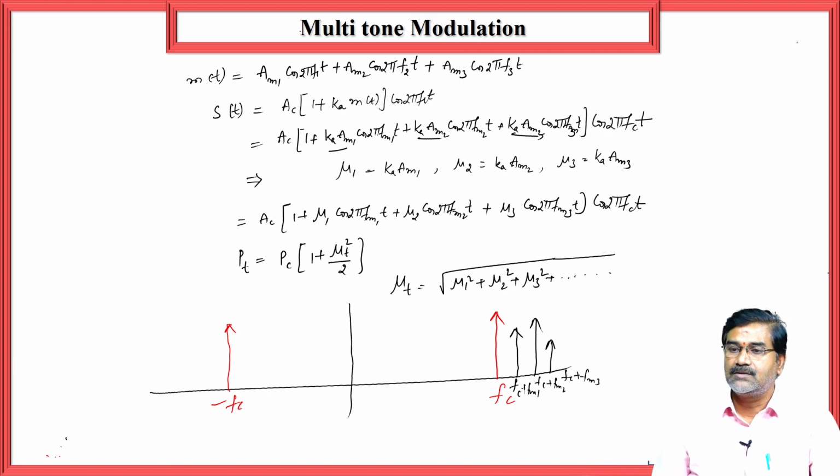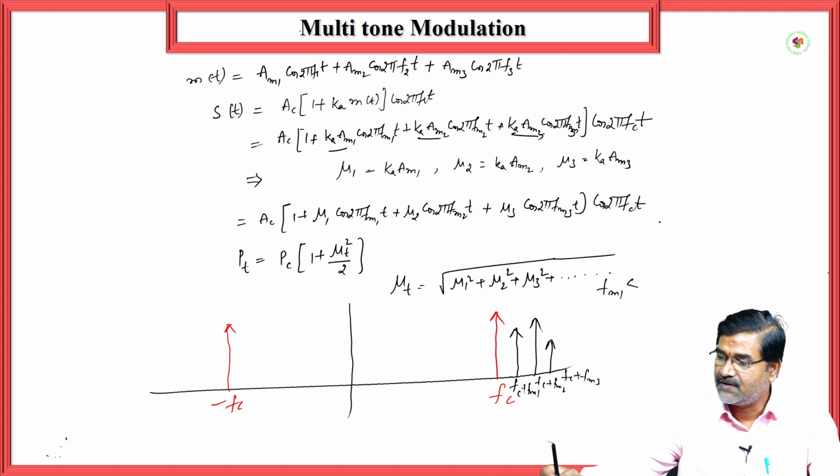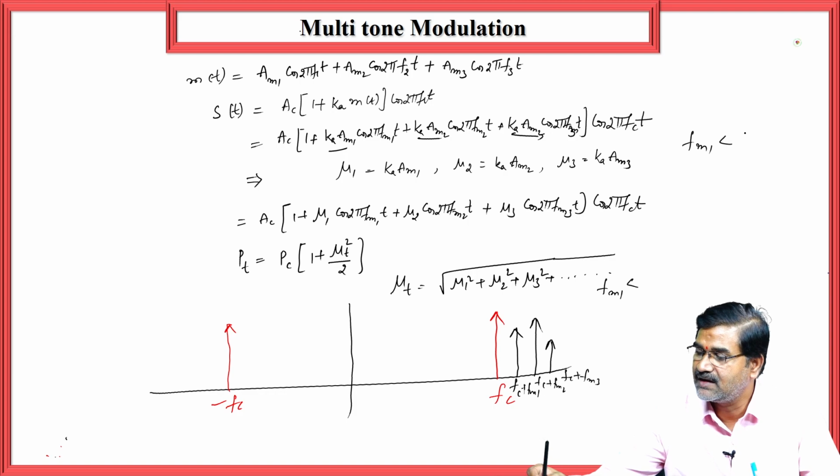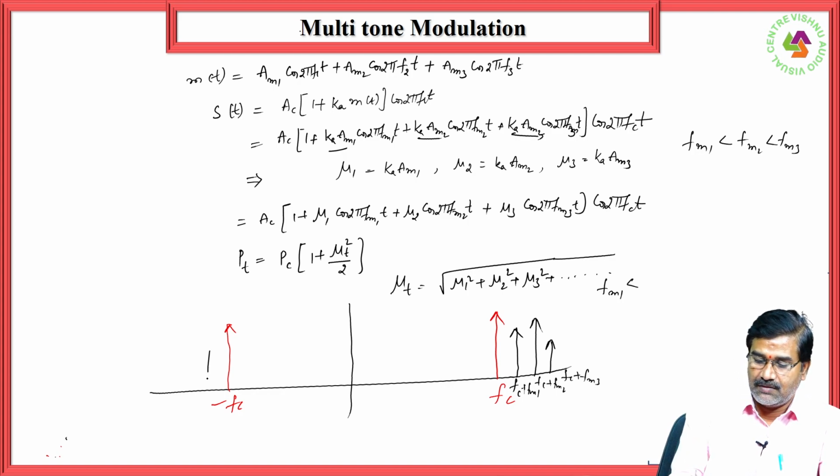If the condition is that fm1 is less than fm2 is less than fm3, this will happen. So these are the various frequency components, the negative components.